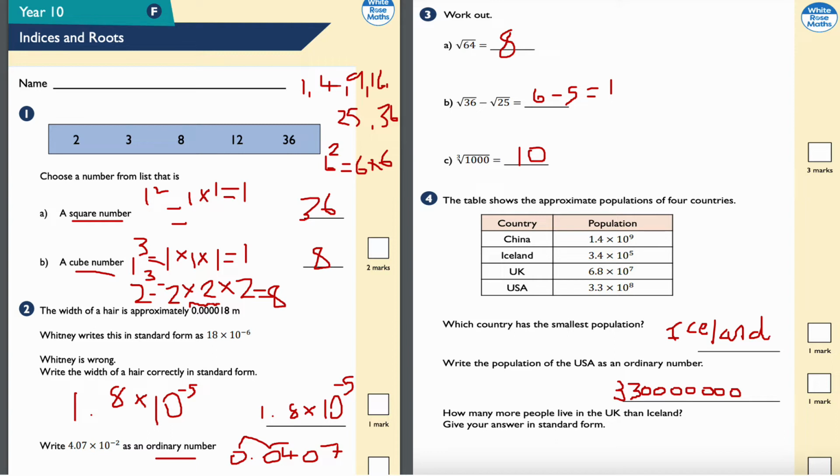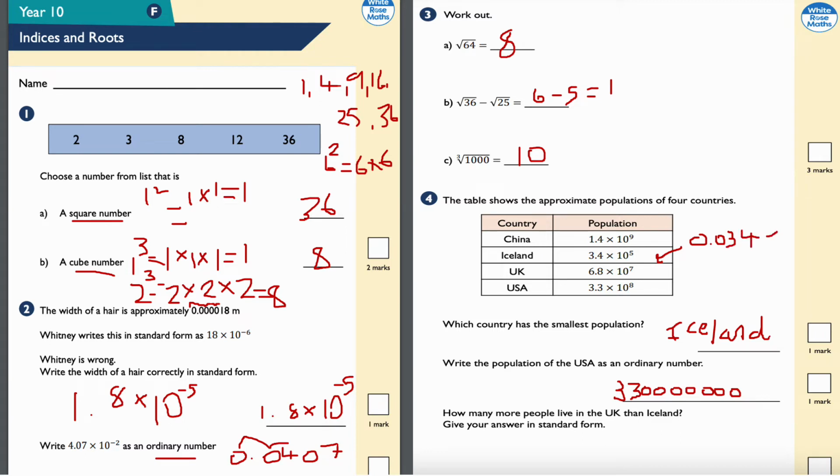Next part, how many more people live in the UK than Iceland? So let's just compare these. So 6.8 times 10 to the 7 minus 3.4 times 10 to the 5. So what I might do is just write this as 0.034 times 10 to the 7.